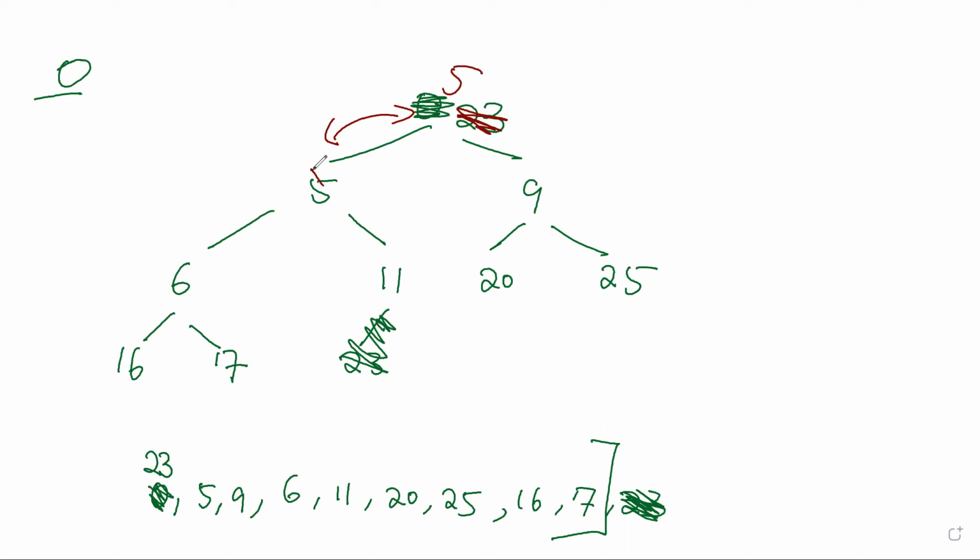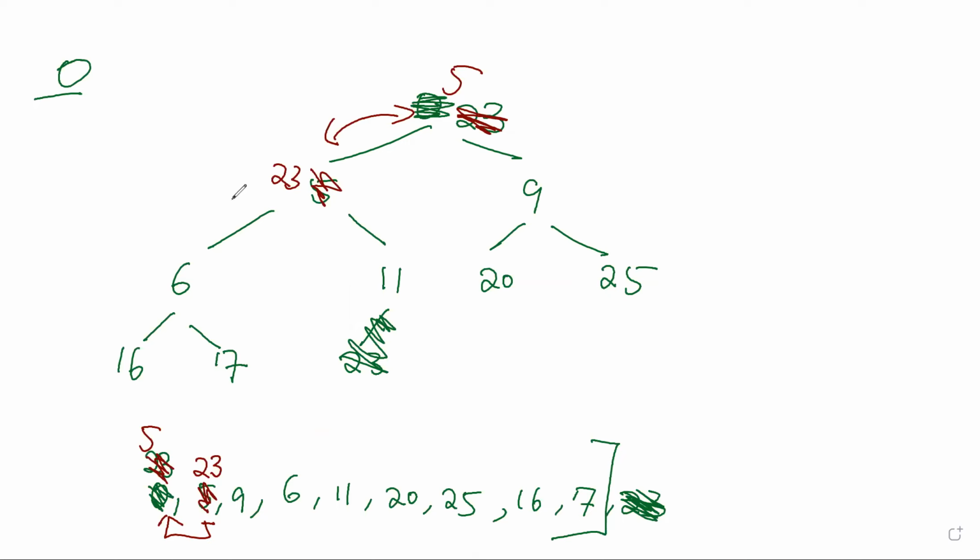So 5 and 23, and you need to implement it in the array, so you bring it to 5 and 23. Over the tree we understand, but when you do the program, that happens in the array. And we said everything for heap sort is in place, in this original array.